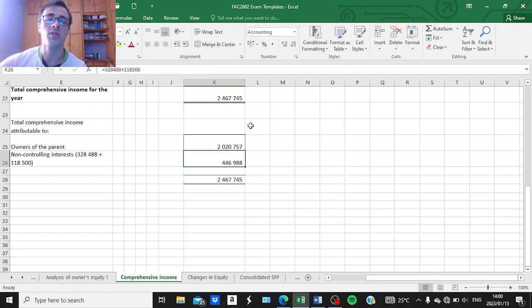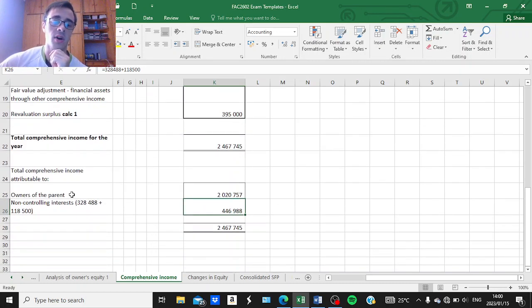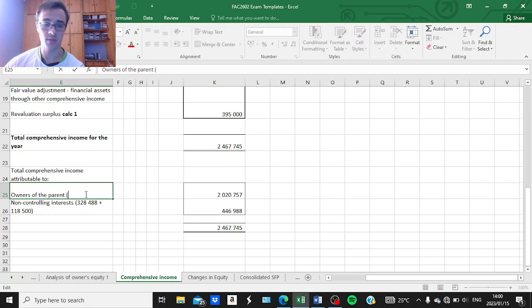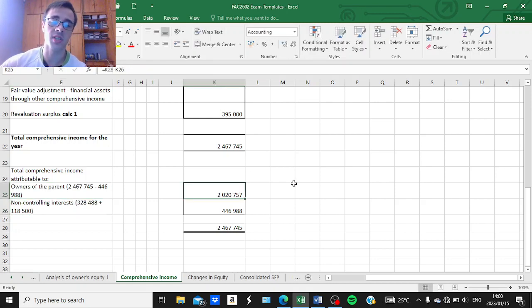Okay, so total comprehensive income attributable to NCI is 446,988, and your owners of the parent will just be the remaining amount. Taking the total comprehensive income for the group and subtracting the NCI's portion should give you 2,020,757.